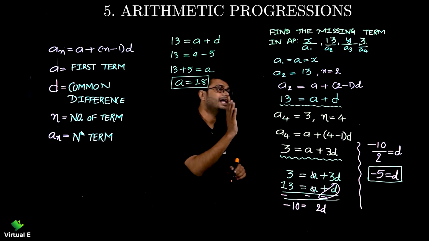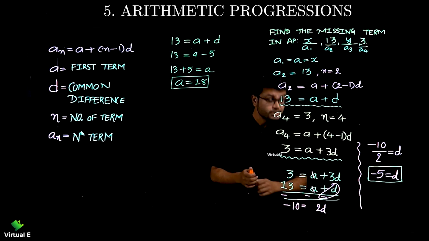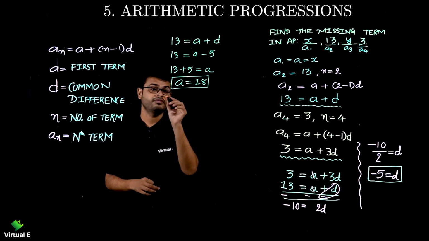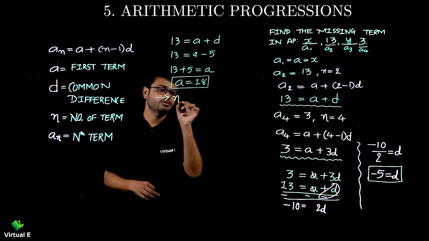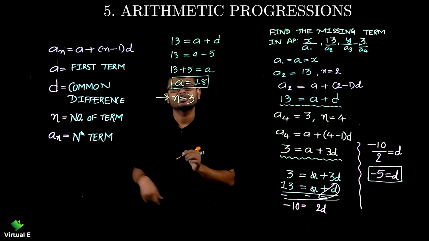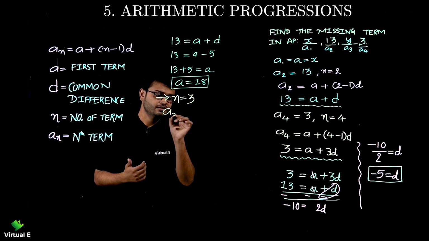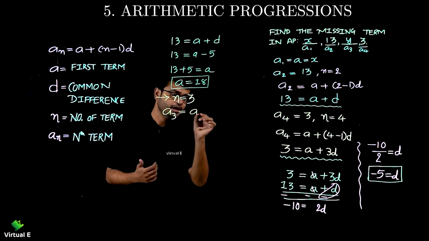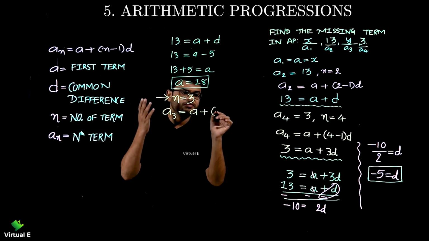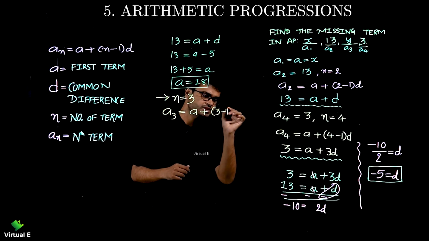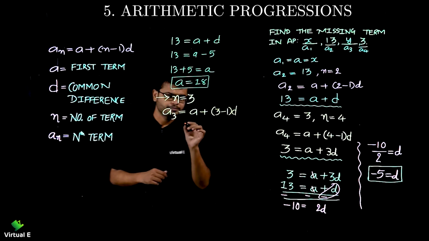So this was the reason we found the value of d and a. So we can find any term now. Let's do it. The value of a we have, the value of d we have, and n is equal to 3 because I want to find the third term. So I will write a3 is equal to a plus, instead of n, 3 minus 1 into d.